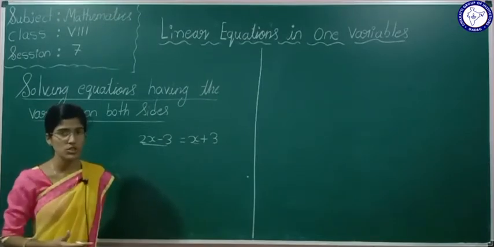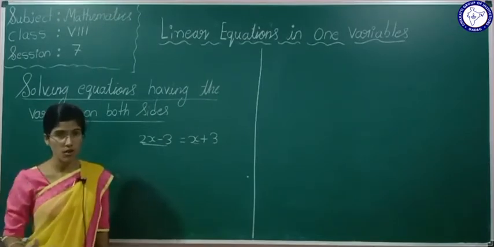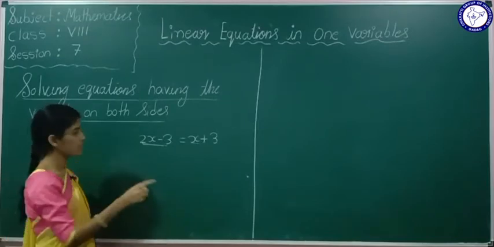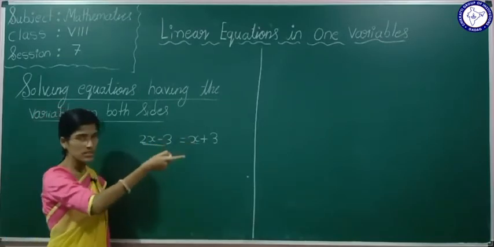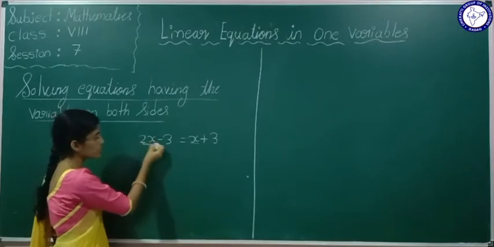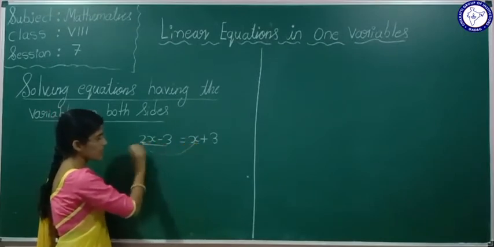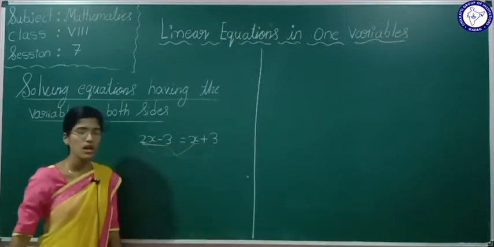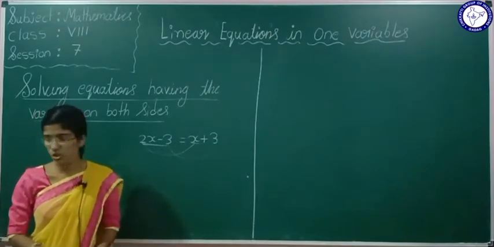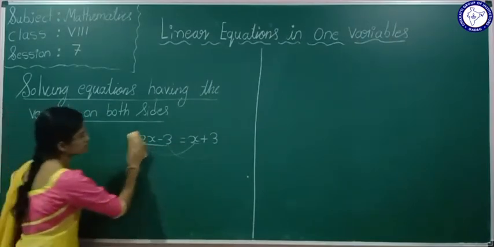This is the procedure for solving equations if variables are there on both sides: we take variable on one side and the constants on the other side. We will solve now one by one.